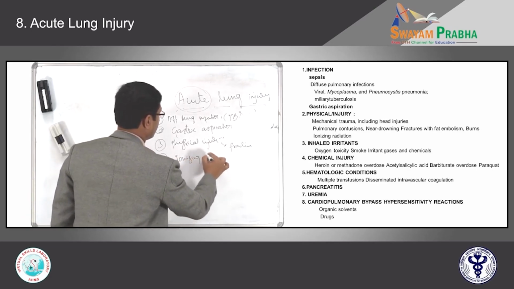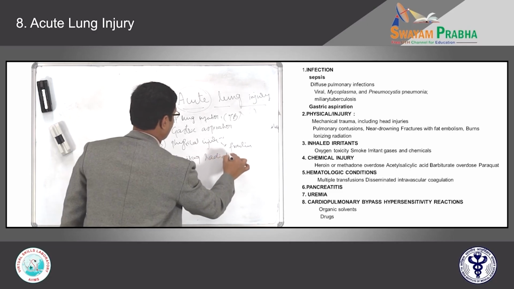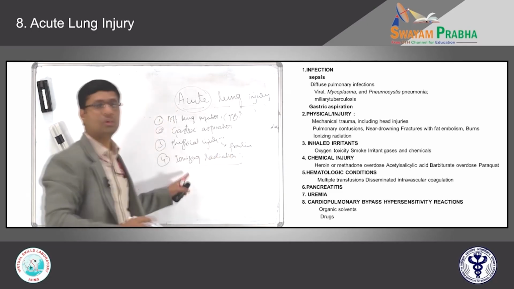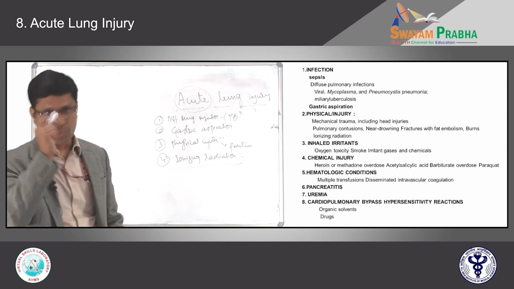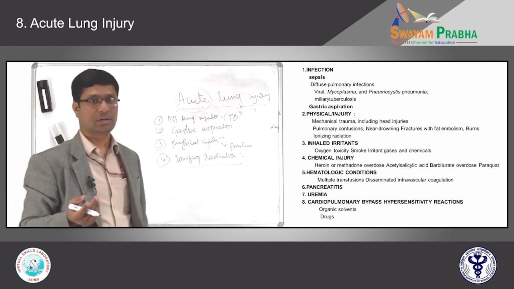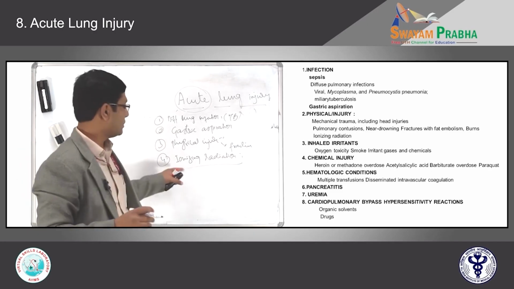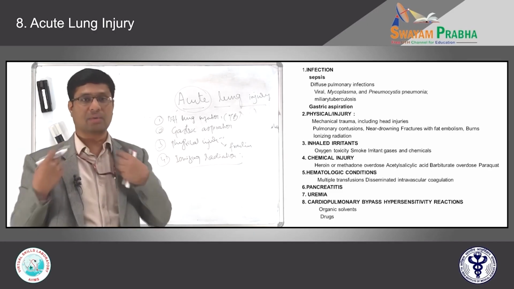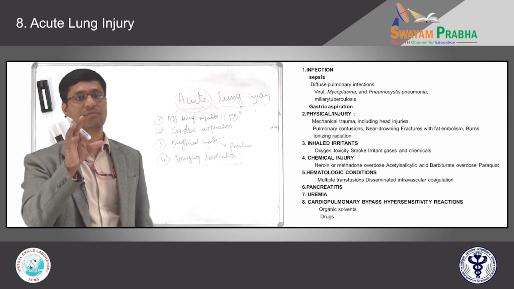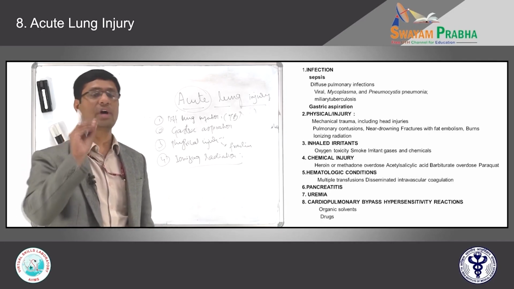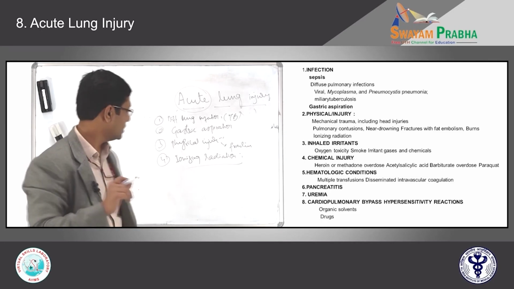Okay, and radiation, ionizing radiation. All those things you'll observe when you have postings in radiology or nuclear medicine where they treat the cancers. When they give chest radiation, they will cover the normal part and give the ionizing radiation only to the affected parts in case of cancers. Why?